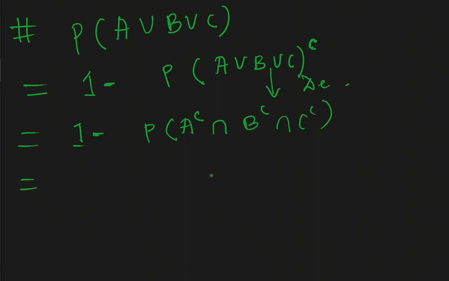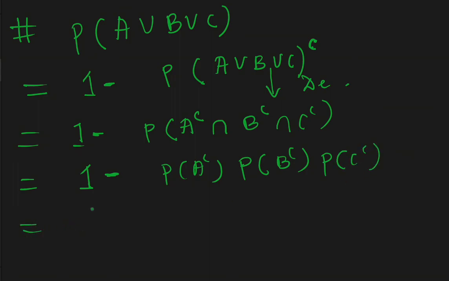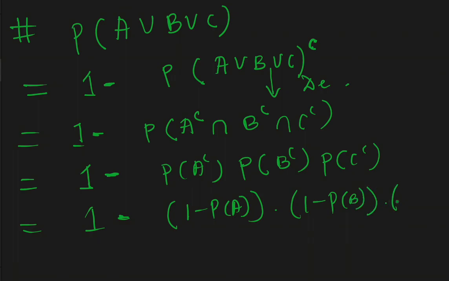Now since we know A, B, C are independent events, their complements are also independent. So 1 minus P of A complement into P of B complement into P of C complement. So that will be 1 minus (1 minus P(A)) into (1 minus P(B)) into (1 minus P(C)).